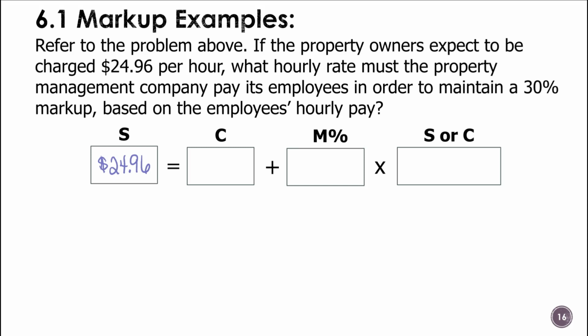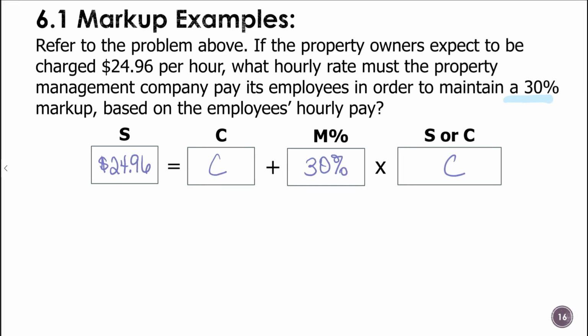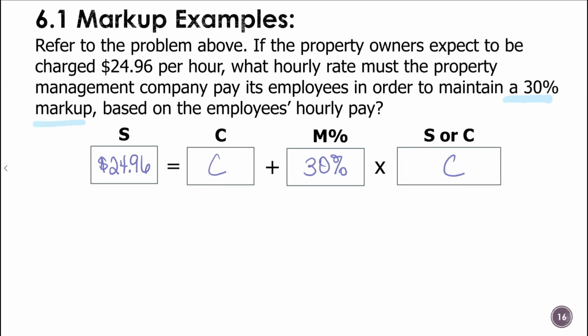And then it says, what hourly rate must the property management company pay its employees in order to maintain a 30% markup based on the employees' hourly pay? So we don't know that number. That's C. We're looking for cost. It's a 30% markup on cost, right? Because it's on the hourly pay.